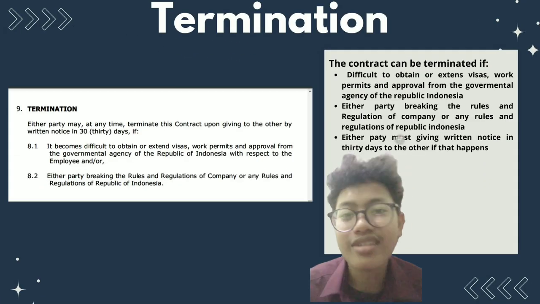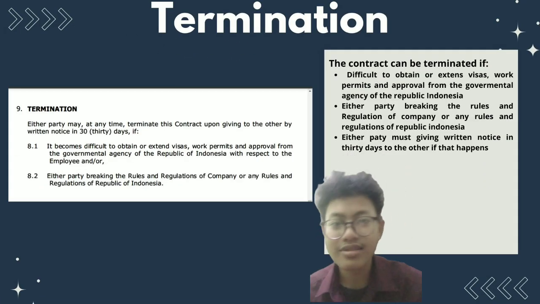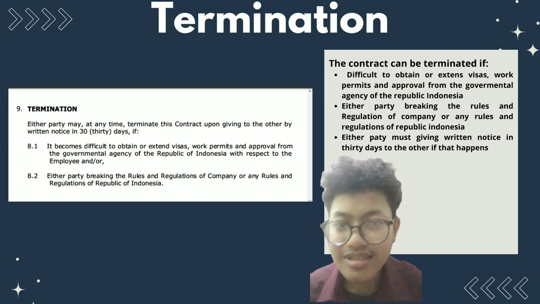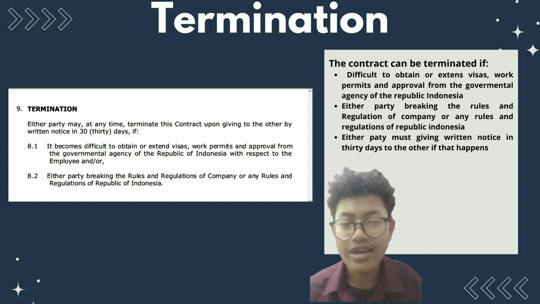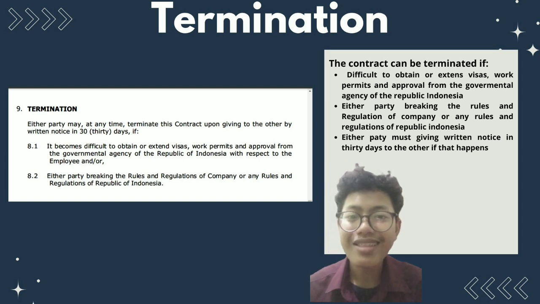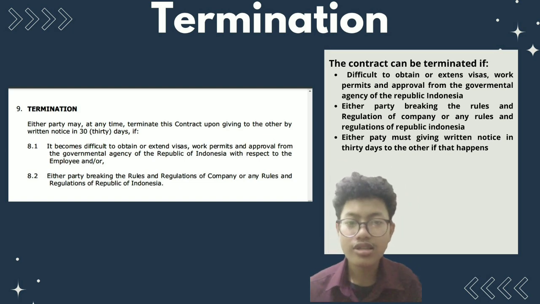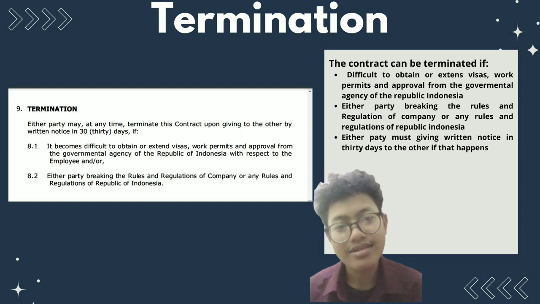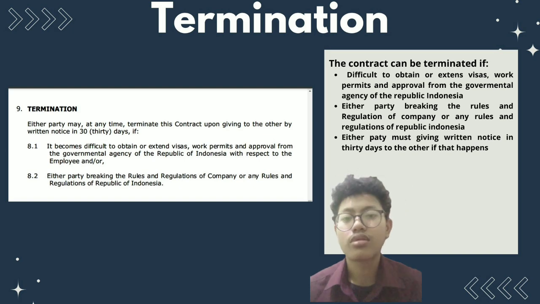Point 9 explains the reasons for the termination of the contract. This contract states that the contract will end if it becomes difficult to obtain or extend the visa, work permit, and approval from the Indonesian government, by providing prior notice to the other party at least 30 days before.